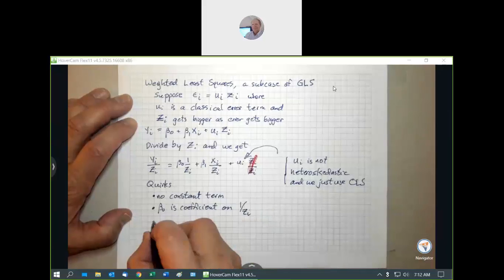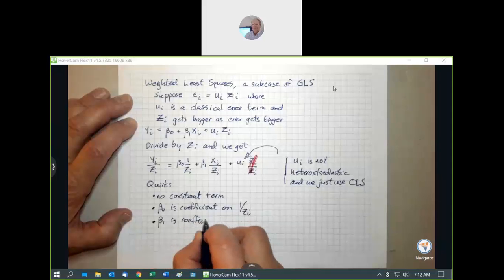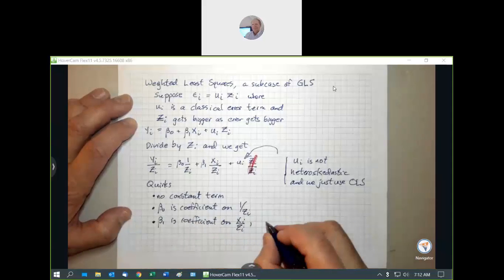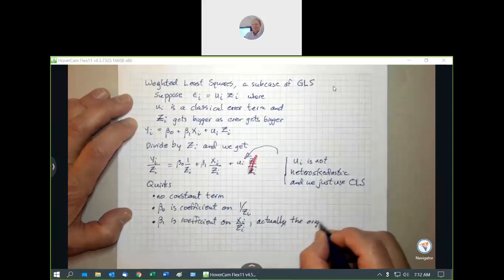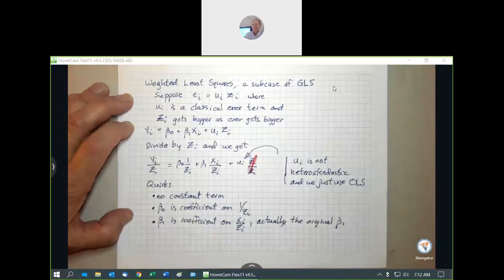And then beta 1 is the coefficient on xi divided by zi. And it is actually the original beta 1, which is usually the thing that we were trying to estimate anyway.